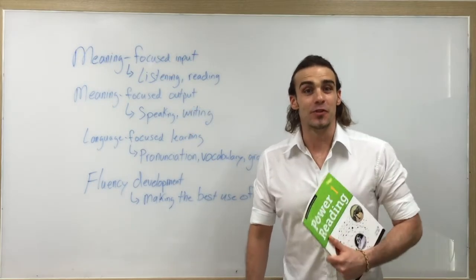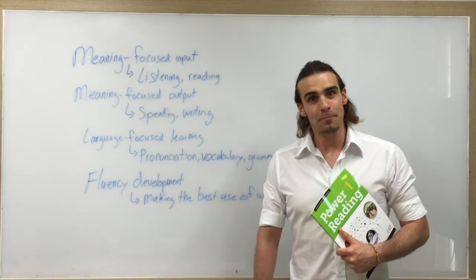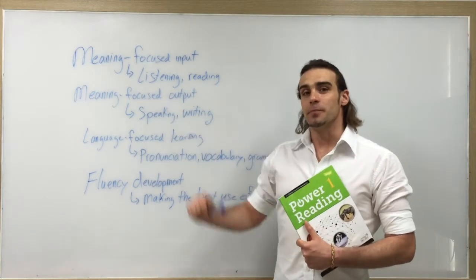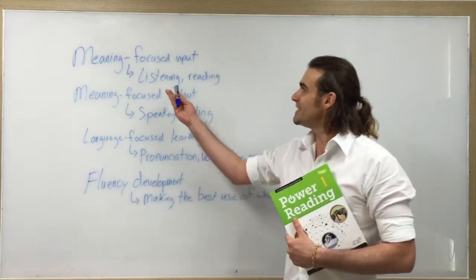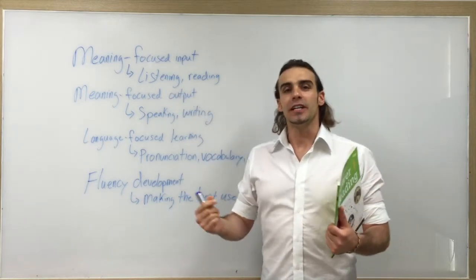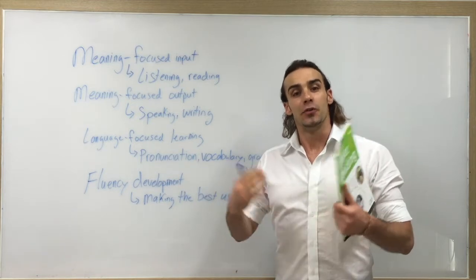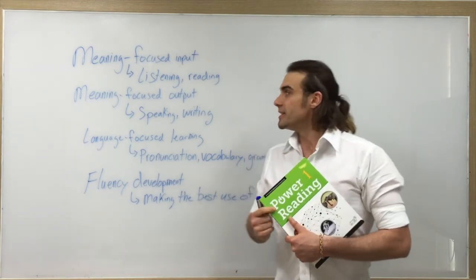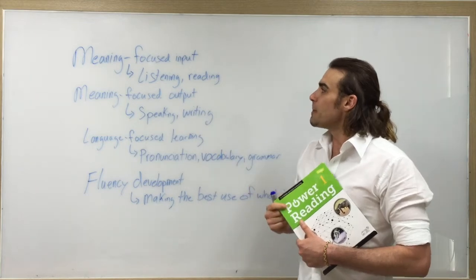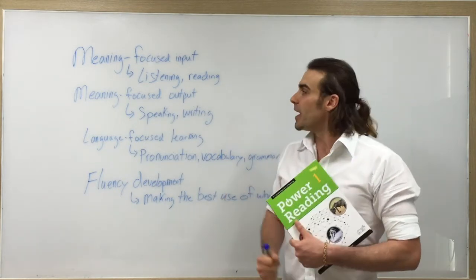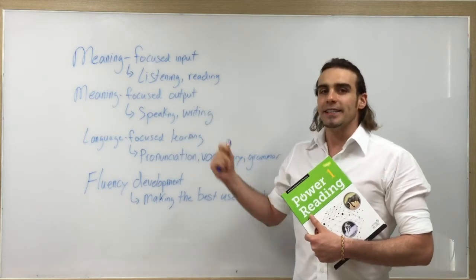So let's talk about the 4 strands of language learning. The first strand is meaning-focused input, which focuses on listening and reading, where the learner pays attention to what they are focusing on in class to learn the language. The second is meaning-focused output, in which the learner practices language by speaking or writing.